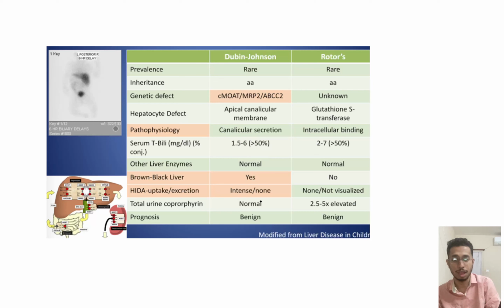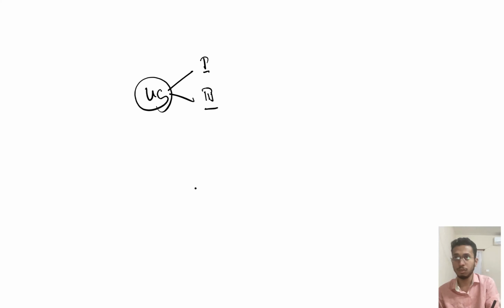Biochemically you can diagnose with the help of urine coproporphyrin level. Usually for urine coproporphyrin level we take the ratio of coproporphyrin 1 and 3. Alright.